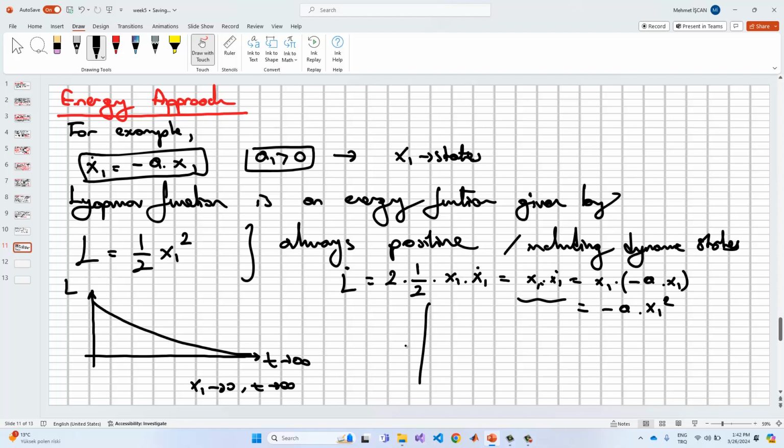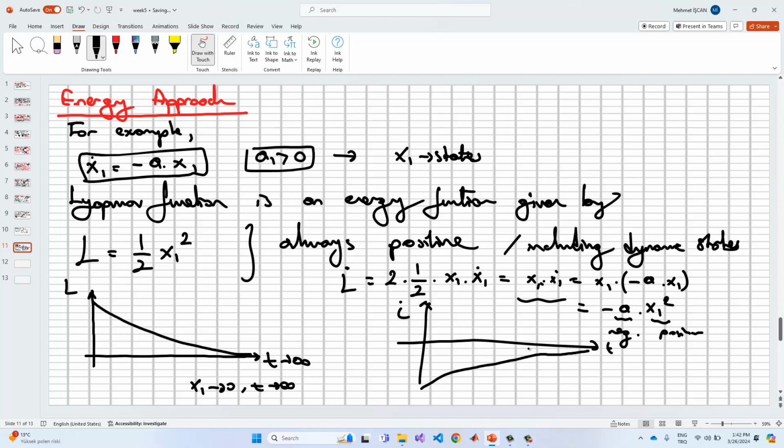And so this function, L dot, is always negative, while L is always positive.